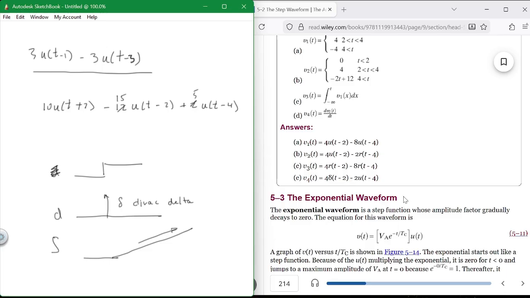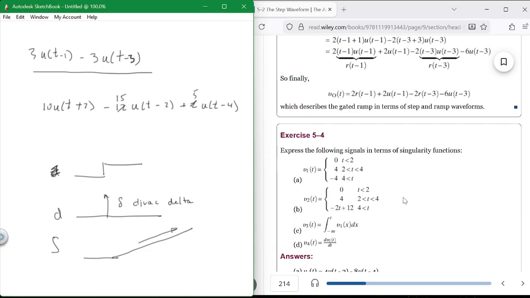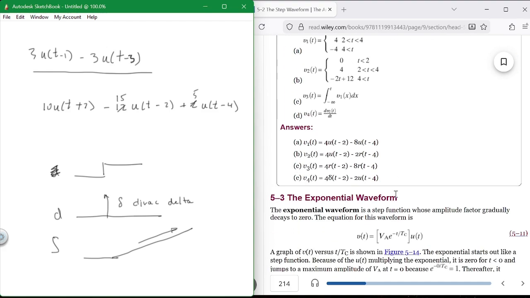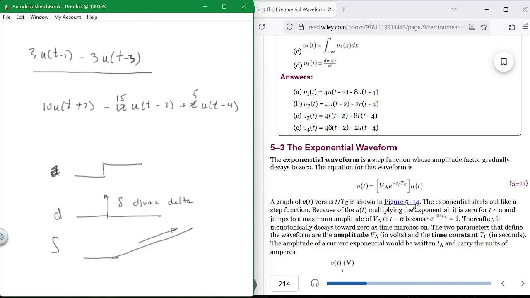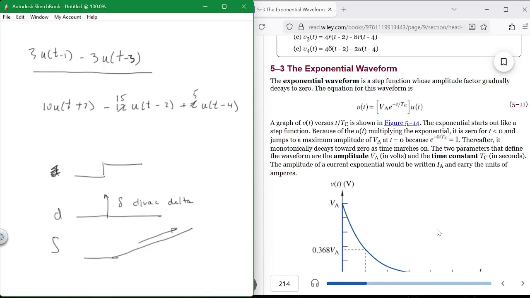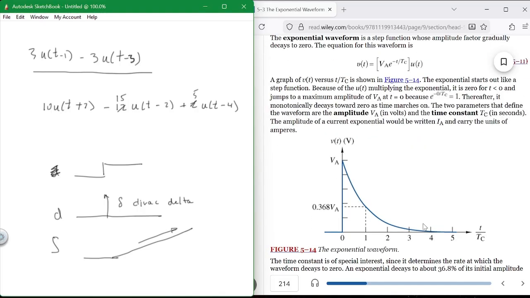I'm not going to worry about the exponential waveform. If you can get this one, you can get any of them. You get the U1 and the ramp and the Dirac delta, you're done. You don't need to go through all the rest of them.